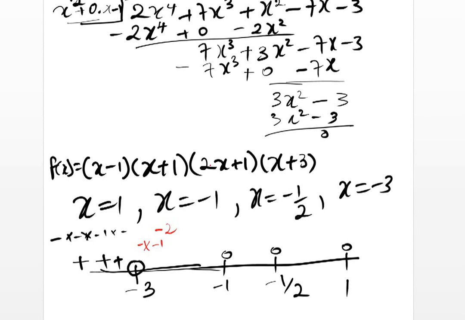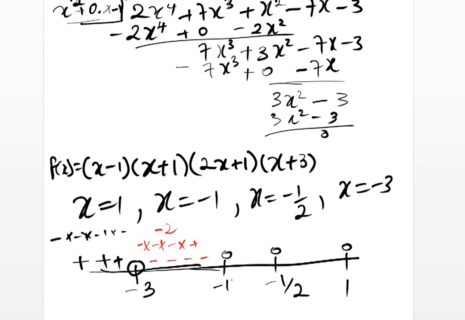Then the other factors: negative, and positive. So we have negative times negative, positive times negative, negative times positive. So all of this zone is negative.